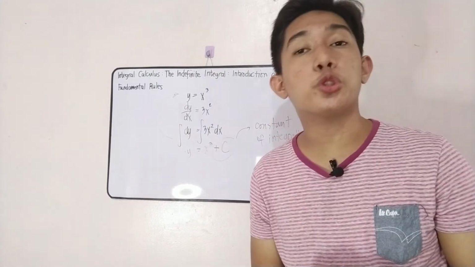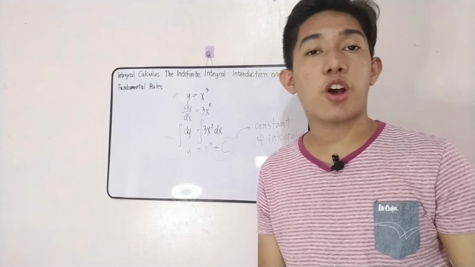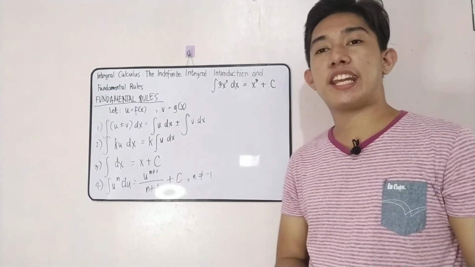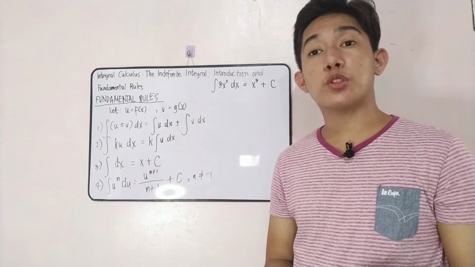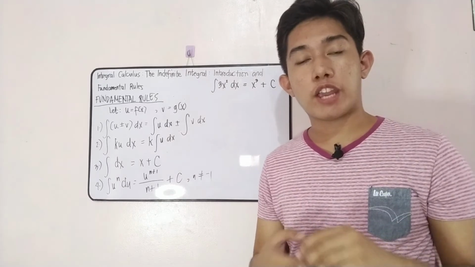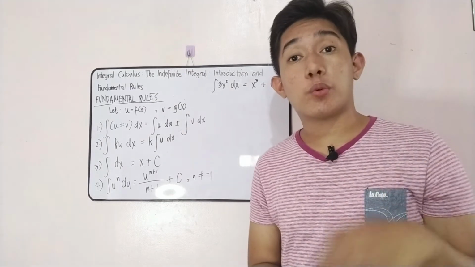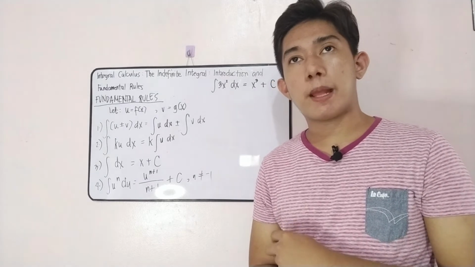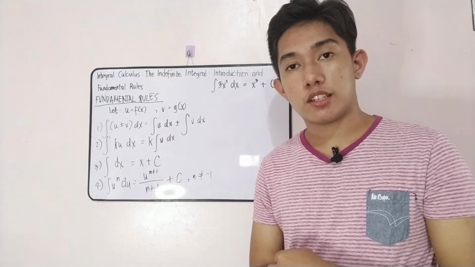So, now we will introduce the fundamental rules of integration. These are our fundamental rules of integration, in which we will focus only on 4 rules. For our next videos, we will add more rules of integration depending on what type of function is given.